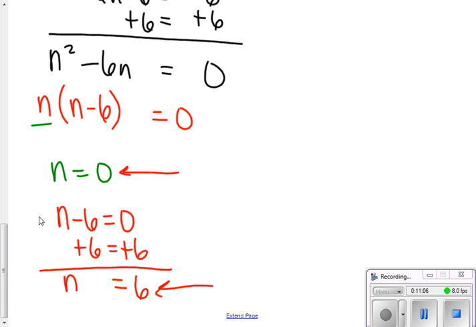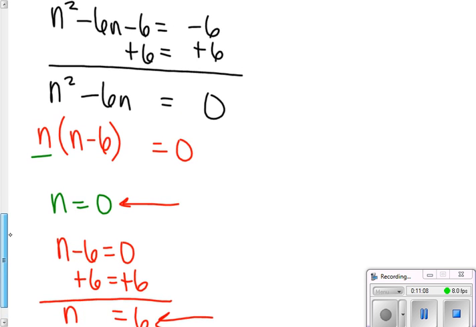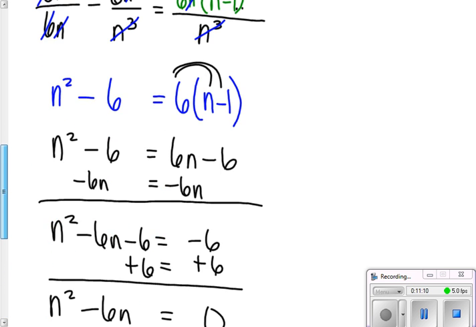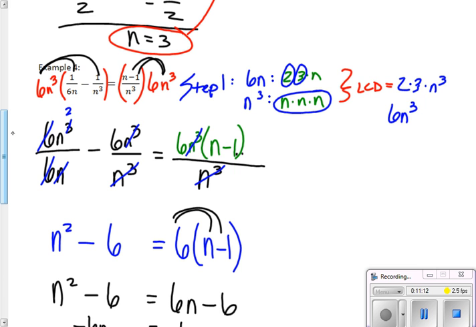Last step is to check for your extraneous solution. So I need to use 0 and 6, and I go back to that original problem up here. If you look at the denominators here, 6n, n cubed, n cubed. Well, if I substitute 6 in for n here, I'm okay. Substitute 6 in there or 6 in here, all of those would be fine. The denominator would not be 0. However, if I put in 0 for n, because remember we came up with two answers, 6 times 0 is going to give me 0.